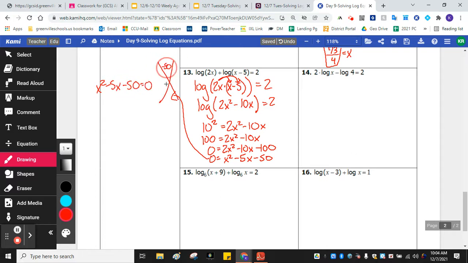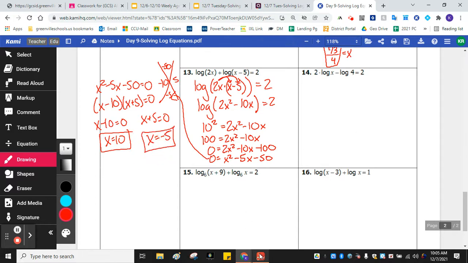We need a pair that multiplies to negative 50 and adds to negative 5: 10 and 5 with 10 being negative. So x minus 10, x plus 5. Set them both equal to 0 and solve. So x equals 10, x equals negative 5.